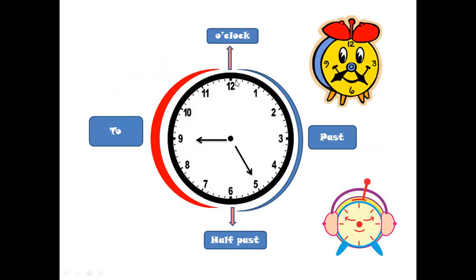When the needle is on this side of 12, we use the word to. When the needle is on the right hand side of the clock, we use the word past. 5 past, 10 past, 15 past, 20 past, 25 past, half past 12. 25 to.